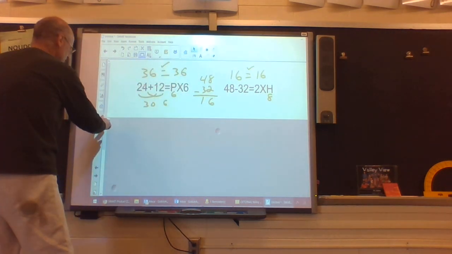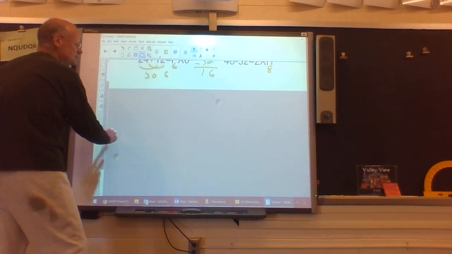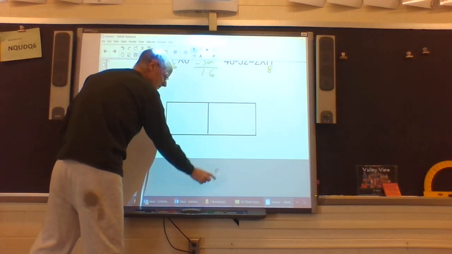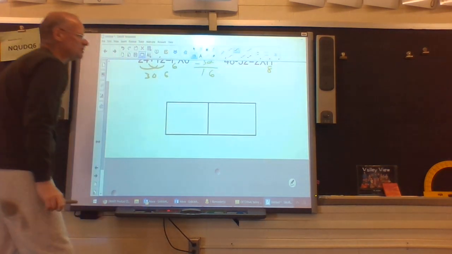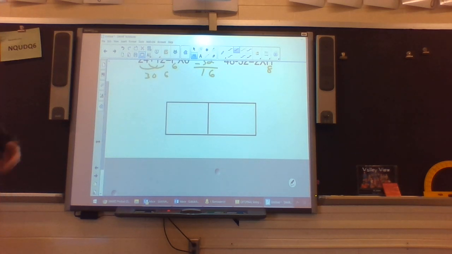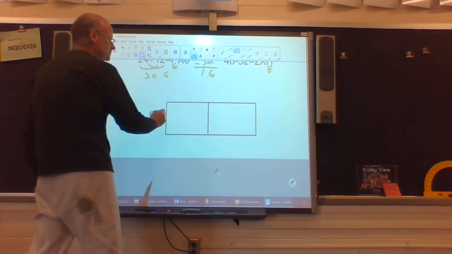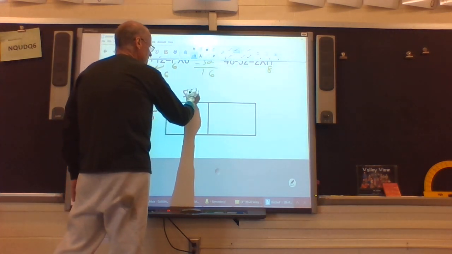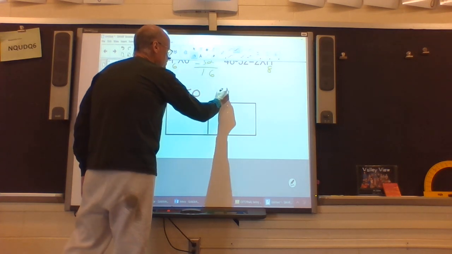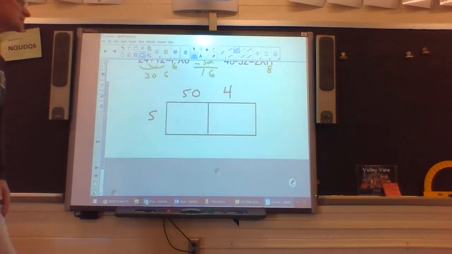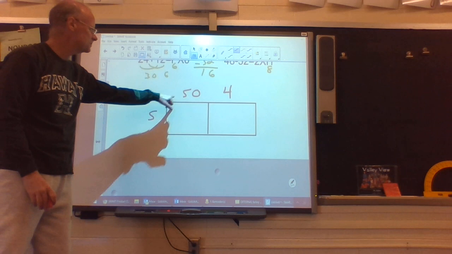To end our day today, what I would like to do with you is just a couple more area model multiplication problems. I kind of like area model. It breaks things down and makes it real easy. So let's do 5 times 54. So if you remember, we're going to just do that front end multiplication.